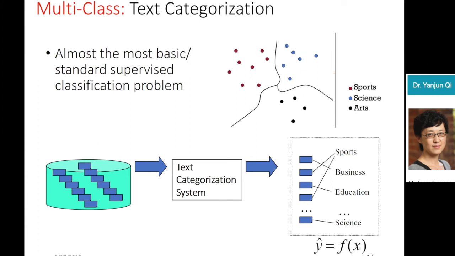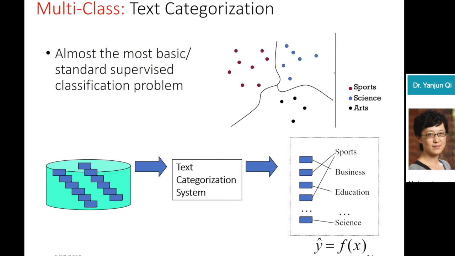Another really popular multi-class classification is the digits 0 to 9 classification. These two tasks are almost the simplest and earliest tasks machine learning researchers worked on.